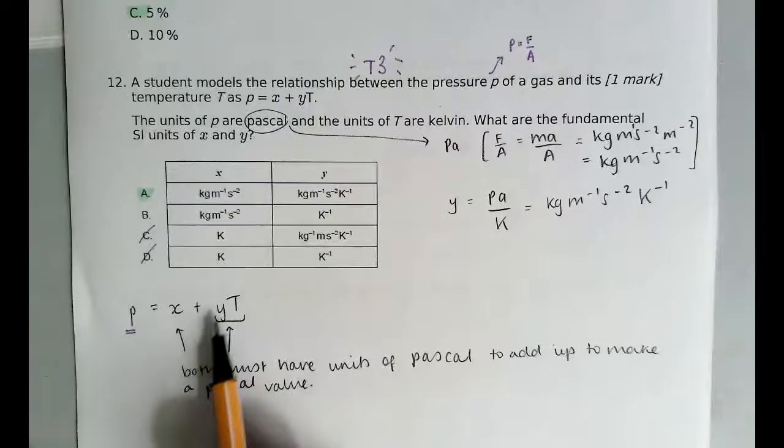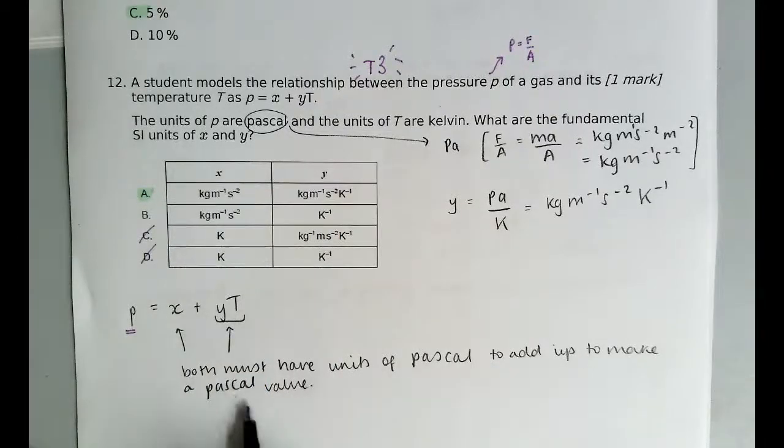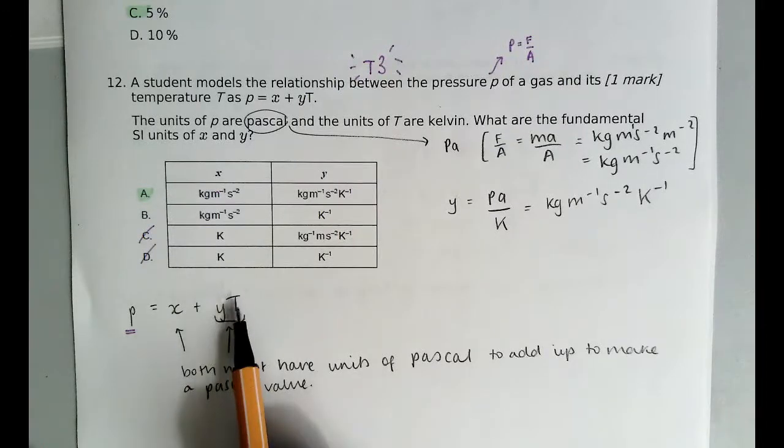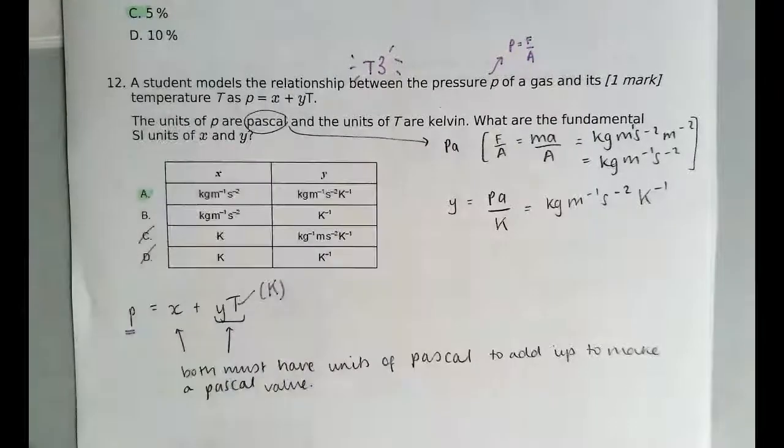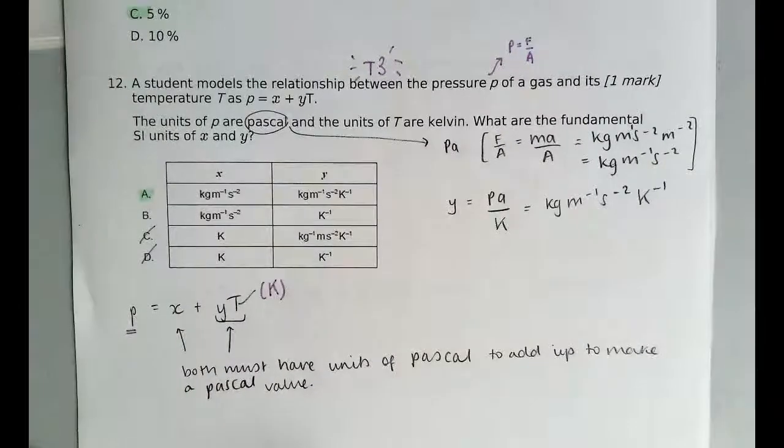Now, Y multiplied by T gives me a Pascal value. I know that T is measured in Kelvin, a temperature value. And so therefore Y must be a Pascal divided by a Kelvin, such that when I multiply these two together, the Kelvins cancel out.